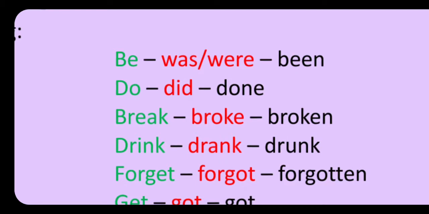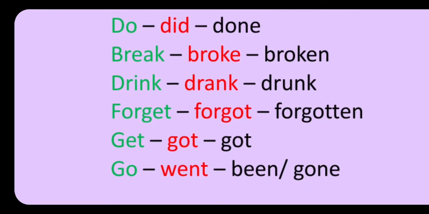Was and were, past simple. Been, past participle. Do, infinitive form. Did, past simple. Done, past participle. Break, infinitive form. Broke, past simple form. Broken, past participle form. Drink, drank, and drunk. Forget, forgot, forgotten. Get, got, got. Go, went, been and gone.